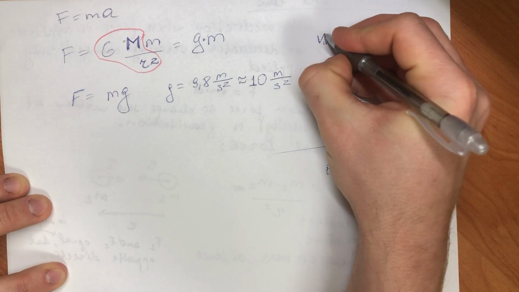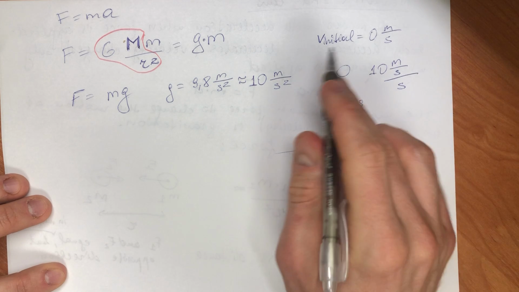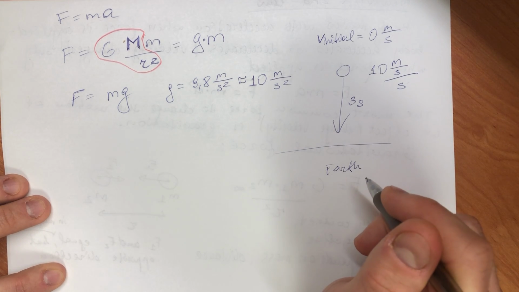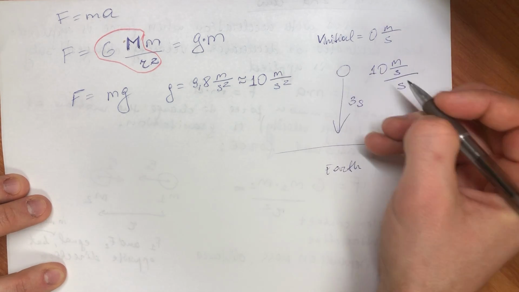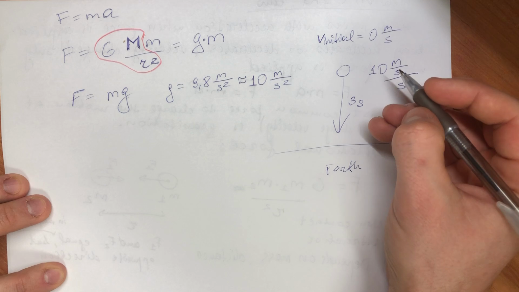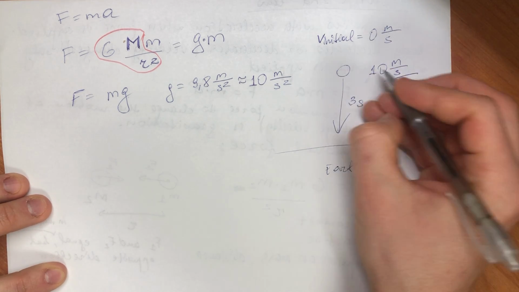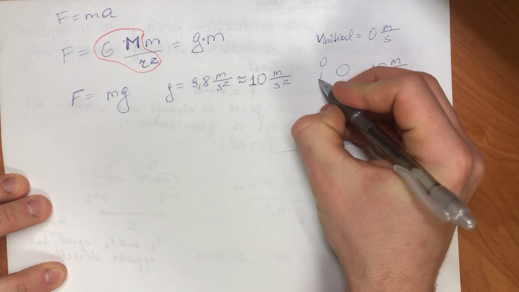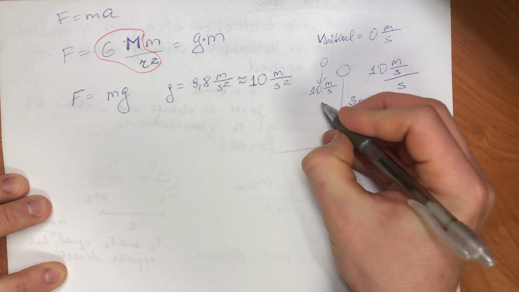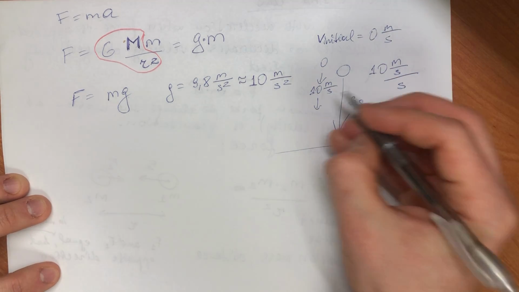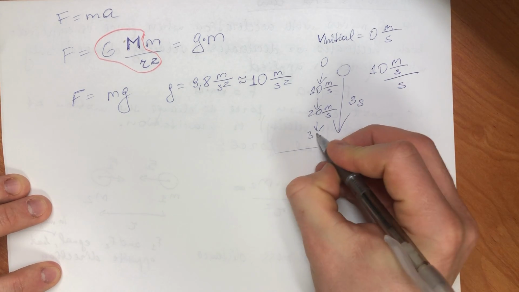Initial velocity, in this case speed, because for now only the magnitude matters. So during the first second its initial speed is 0 meters per second, then it increases to 10 meters per second after the first second. At second number 2 it increases to 20 meters per second, and it hits the ground with 30 meters per second.